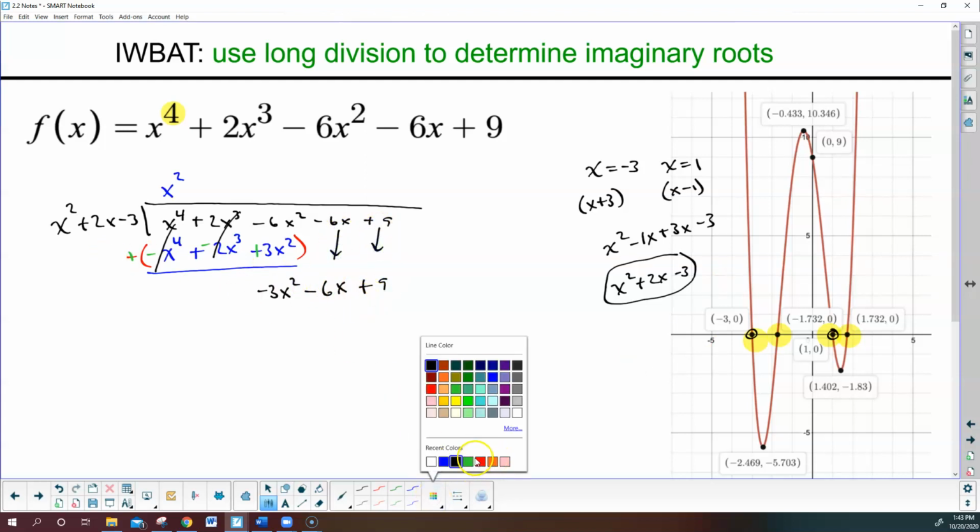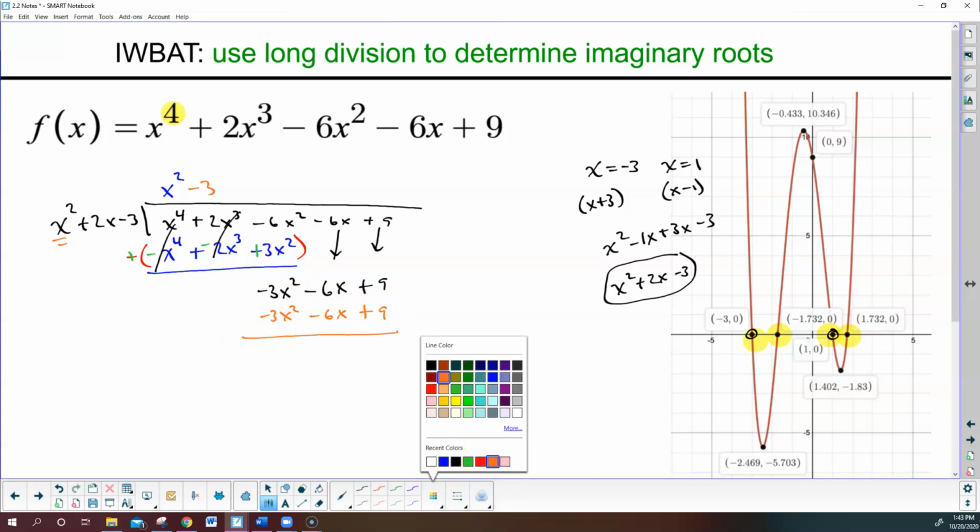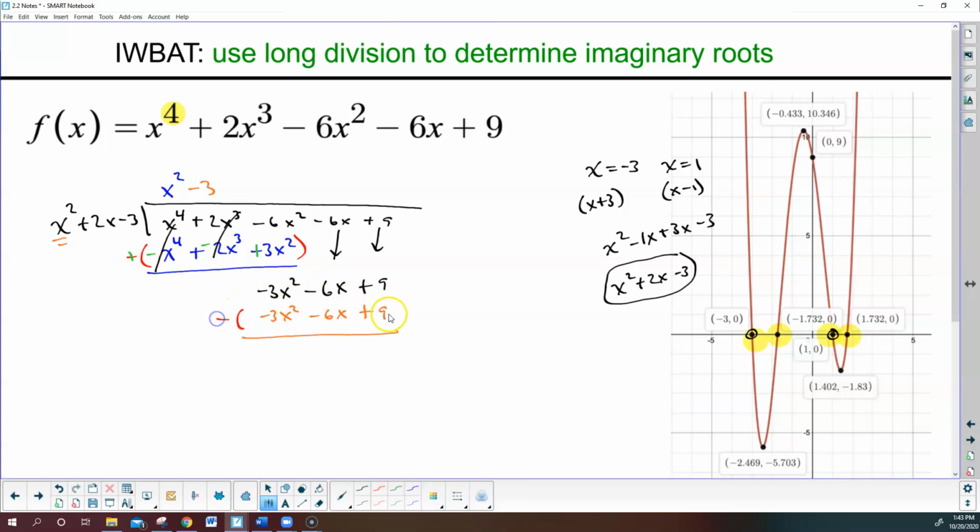Well, now we're going to treat this as if it's a brand new problem. I'm going to multiply the x squared by negative 3. So it looks like this one. Negative 3 times x squared is negative 3x squared. Negative 3 times negative 2 is negative 6. And negative 3 times negative 3 is positive 9. Now notice, those are identical, which is hopefully proof of why we subtract them, they need to reduce out, or we add the opposites.